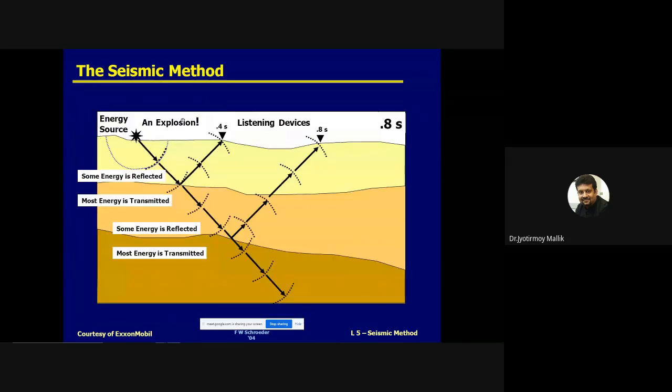After the explosion, the elastic wave hits the first boundary and comes back to device one after 0.4 second. This 0.4 second has a very fancy name, which we call two-way time.